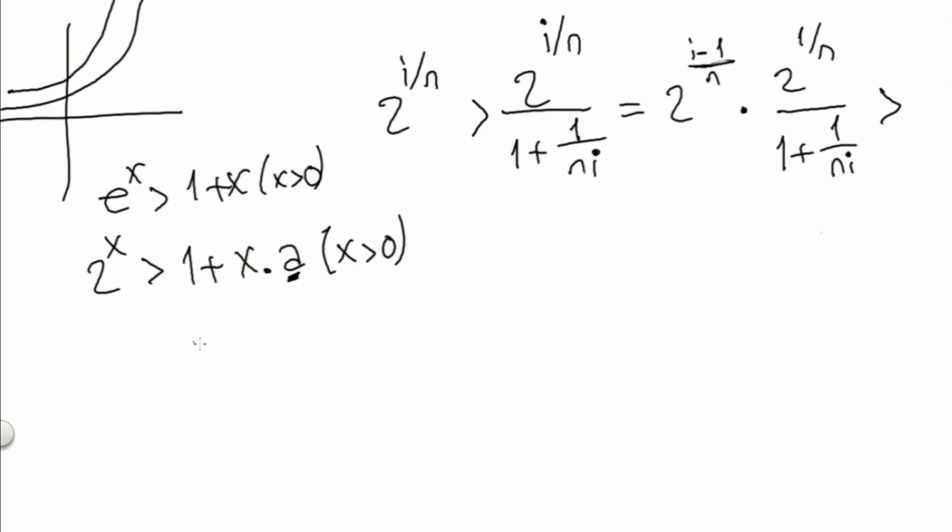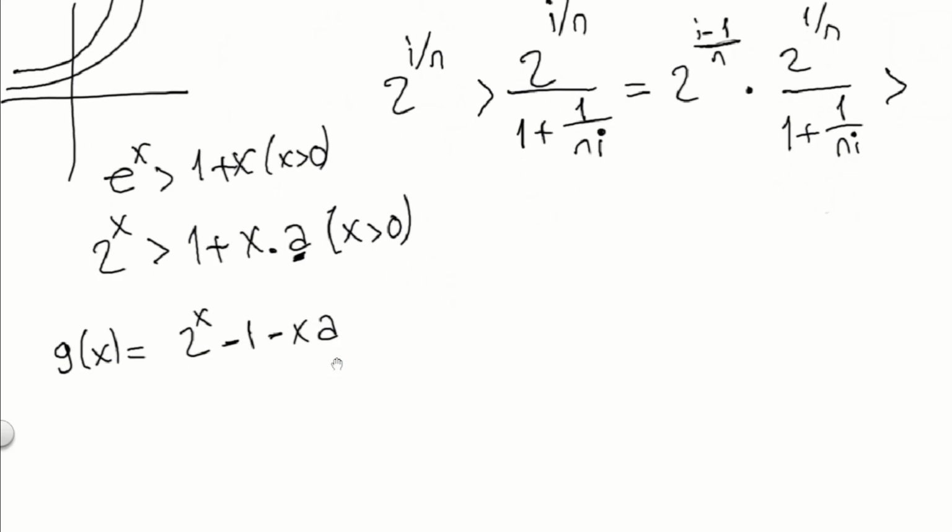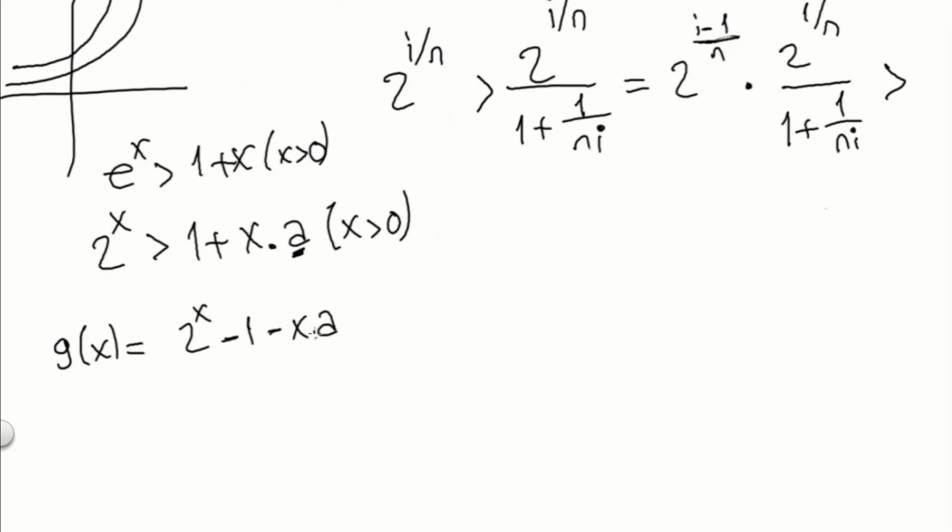So I can define a function, but a different f than that. Let's say g(x) is equal to 2 to the x minus 1 minus xa. Basically I will take the derivative of it, which is normally how we show these inequalities. This derivative is 2 to the x ln 2, where ln is the natural logarithm, minus a.